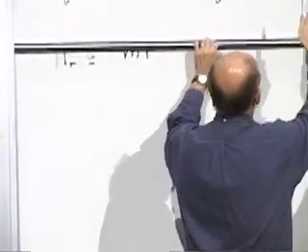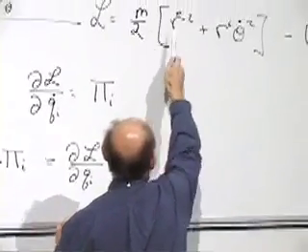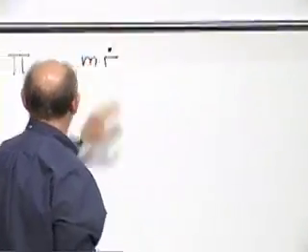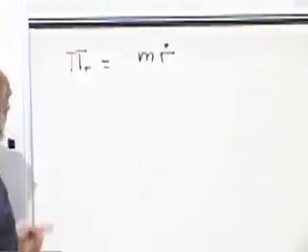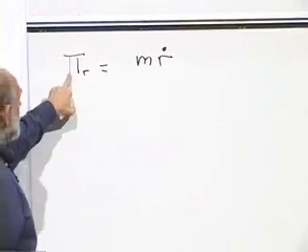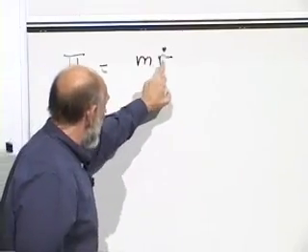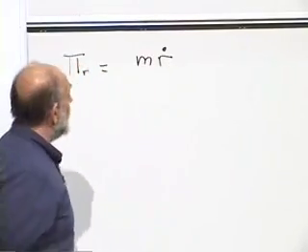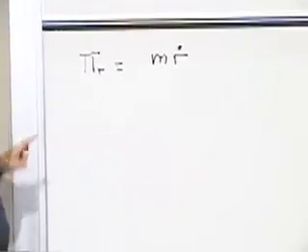Not too surprisingly, the radial component of the momentum is nothing but the mass times the radial component of velocity.